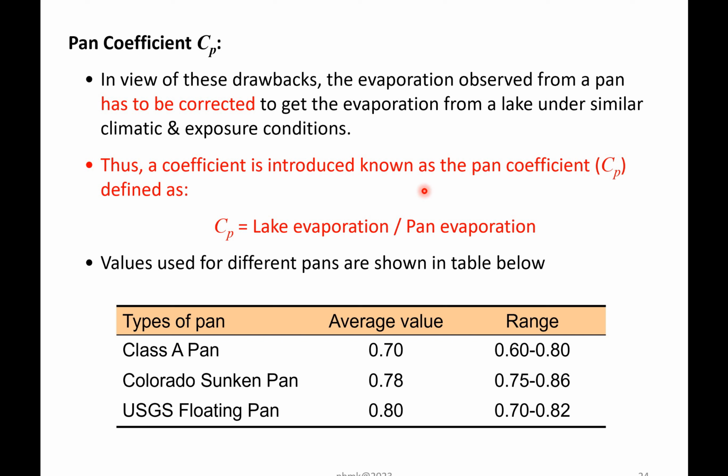This pan coefficient Cp is the ratio of lake evaporation to pan evaporation, and the values used for different pans are as stated below. For the Class A pan, an average value of 0.7 can be used. You multiply this with the pan evaporation that you get to obtain the lake evaporation. For the Colorado sunken pan, it's 0.78, and for the USGS floating pan, it's 0.80.